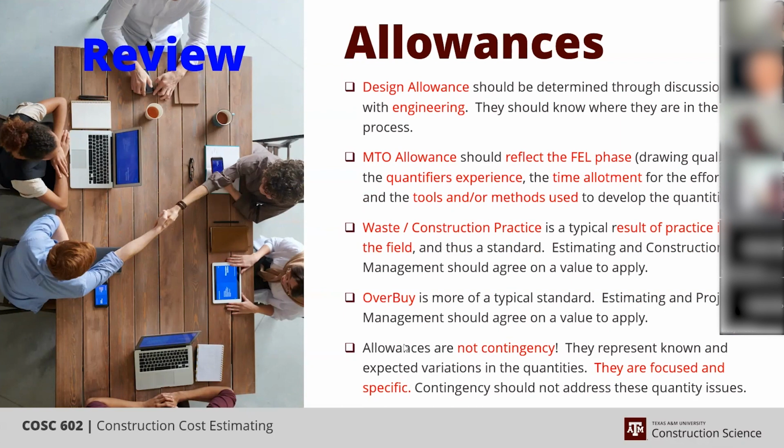Again, the design allowance is something that's determined by engineering. It usually represents a change in material, a slight adjustment in capacity, maybe an adjustment in the orientation of the item, and therefore by the item changing its location slightly, it may have to move nozzles on the shell of a tank or something.